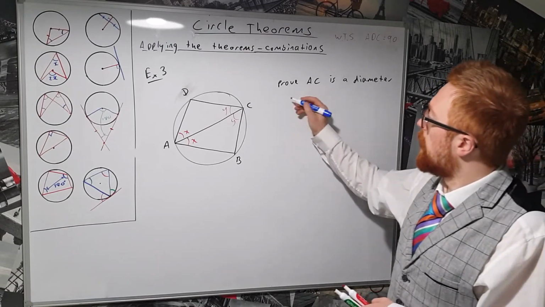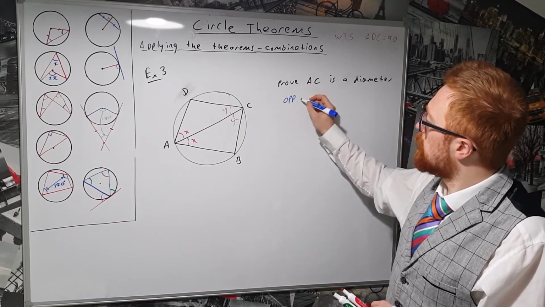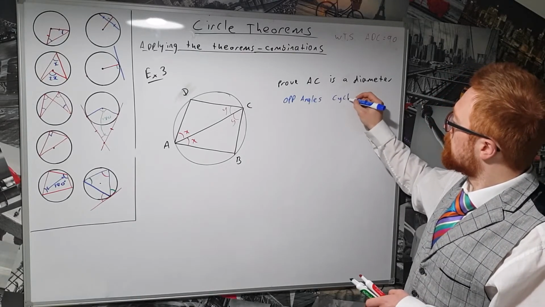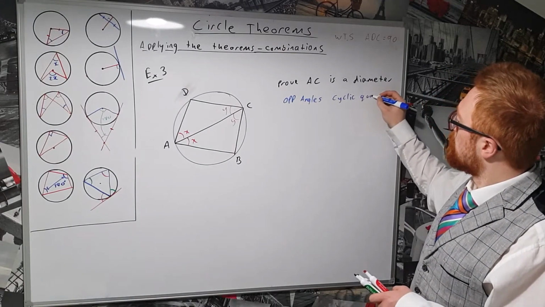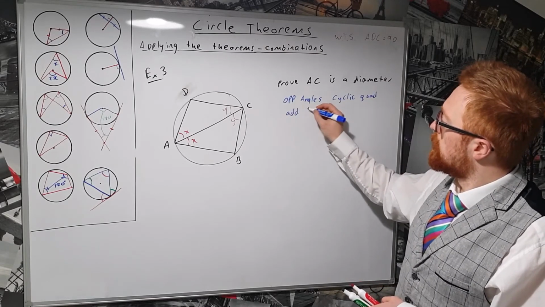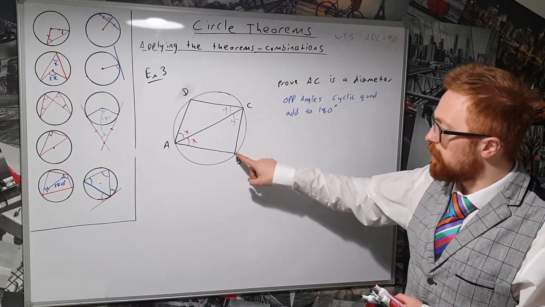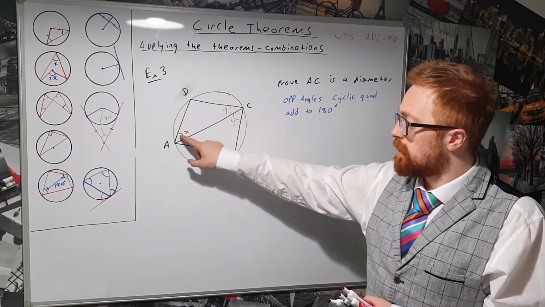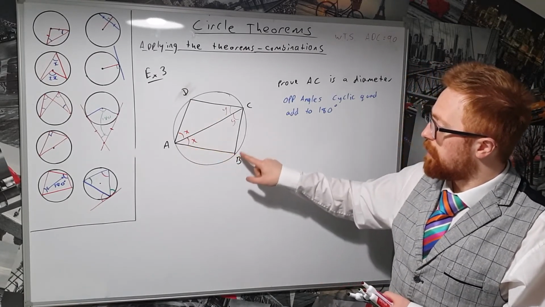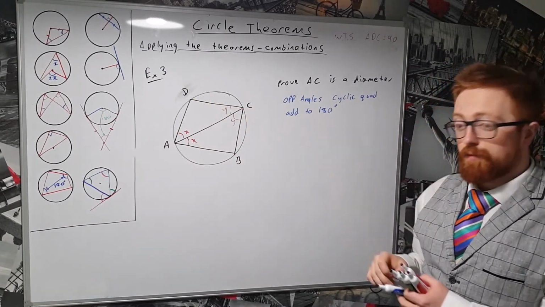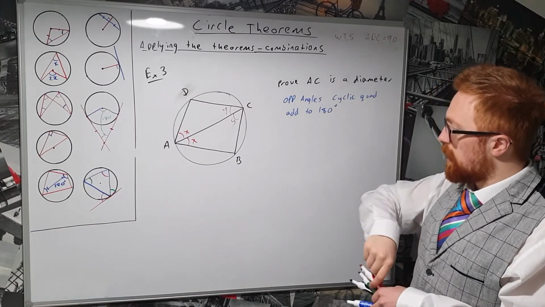So, opposite angles in a cyclic quad add to 180. Now I know that BAD, this whole angle here, and BCD, this whole angle here, because of this rule, have to add up to 180.